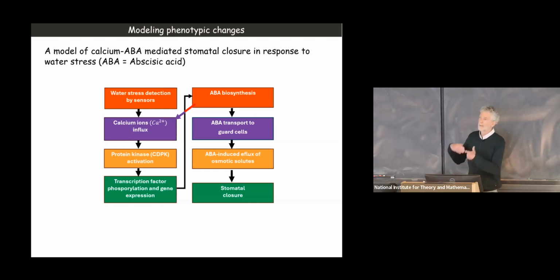That ABA is then transported through xylem sap to the leaves, but it also feeds back positively on calcium ion influx, forming a positive feedback loop that accelerates this process.